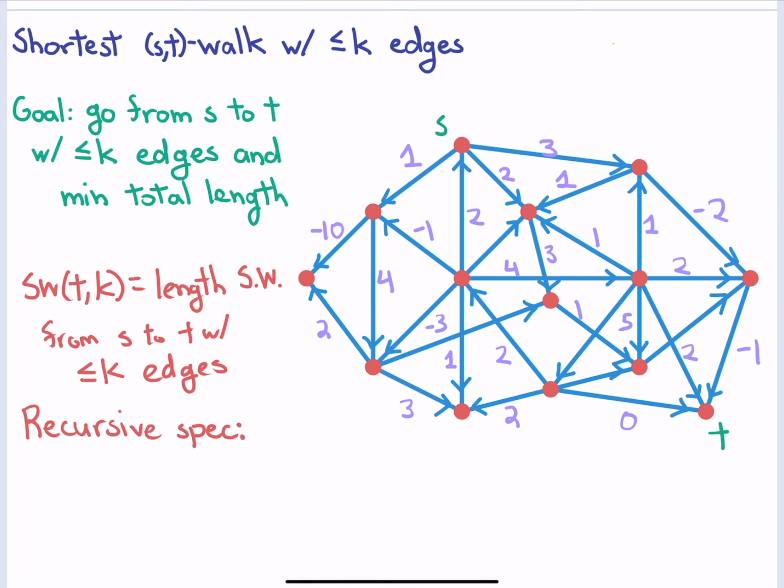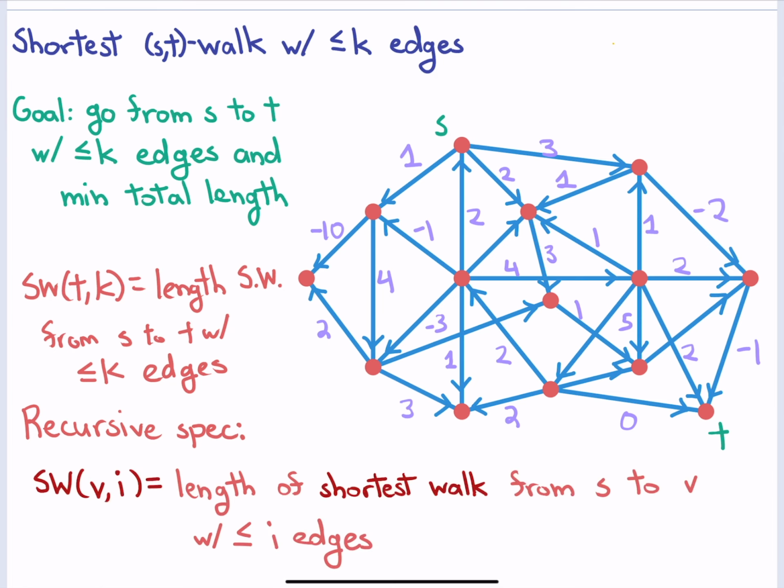SW(T, k) will be the length of the shortest walk from S to T with at most k edges, where S is fixed and T I can vary. It's the only difference. I think that's close to what I had written down. So exactly the same thing: the length of the shortest walk from S to V with at most i edges.